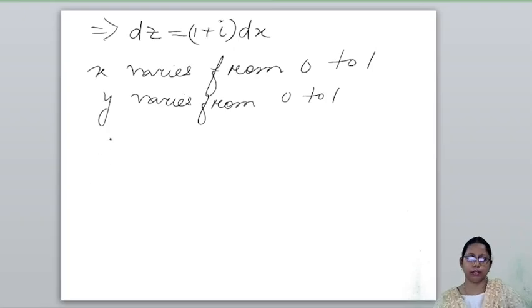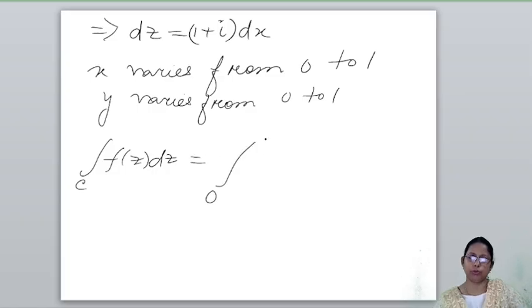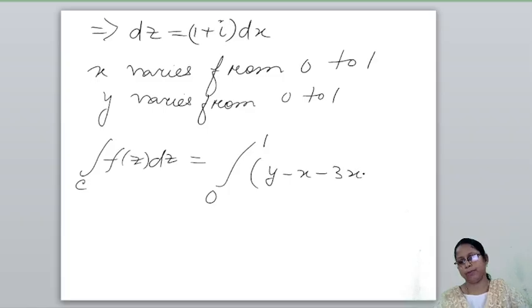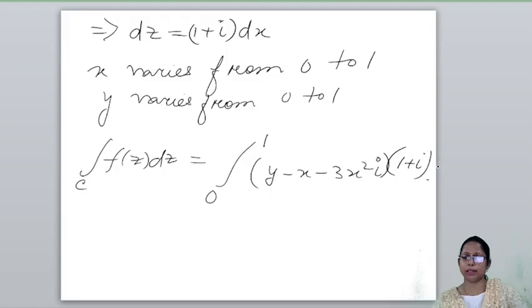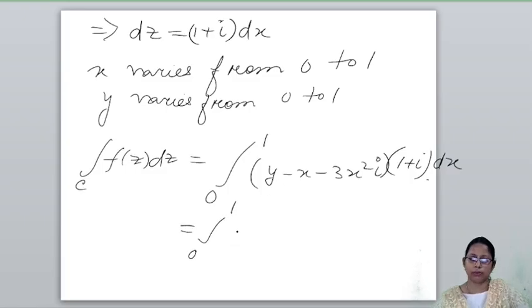Therefore, the complex integral of f(z) dz over the curve C becomes the integral from 0 to 1 of y minus x minus 3x squared i, times dz, which is 1 plus i dx.